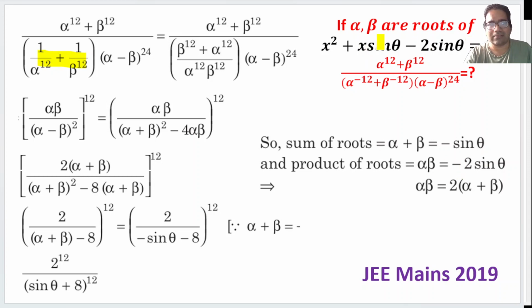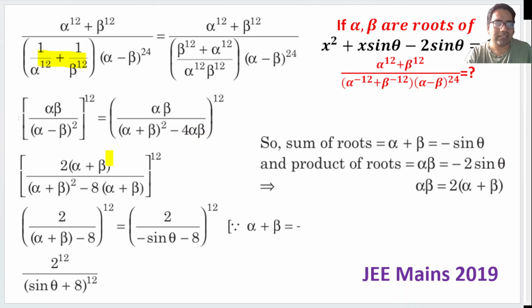As we earlier discussed, the product of the roots is minus 2 sine theta, and the sum of the roots is minus sine theta. That means product of the roots is twice the sum of the roots. So alpha beta is equal to 2 times alpha plus beta. Similarly, 4 alpha beta becomes 4 into 2 times alpha plus beta, that is 8 times alpha plus beta.